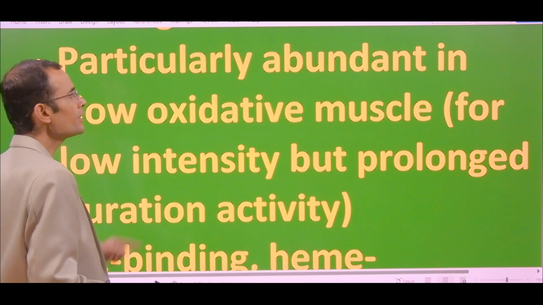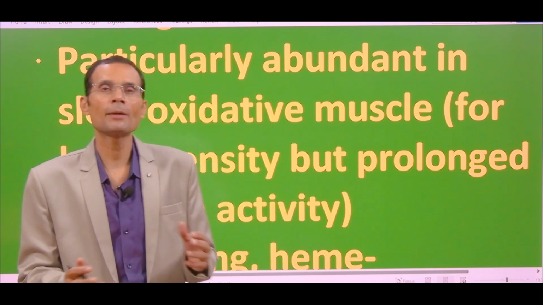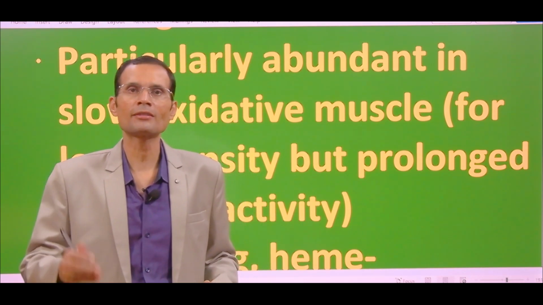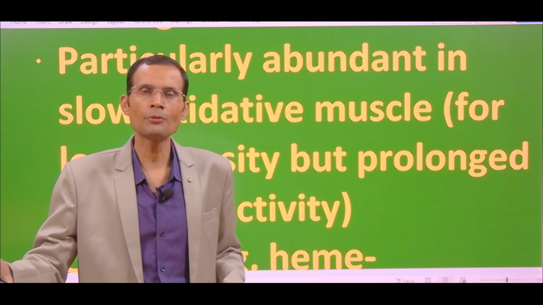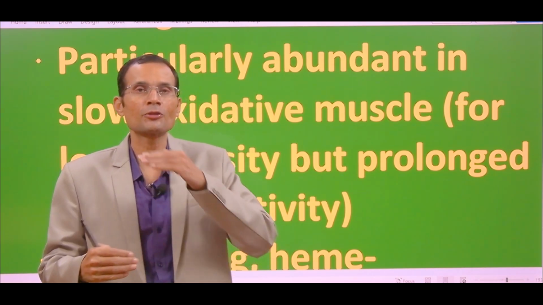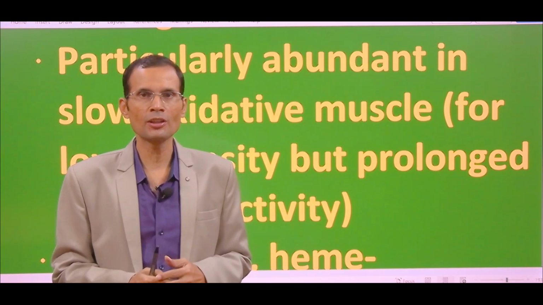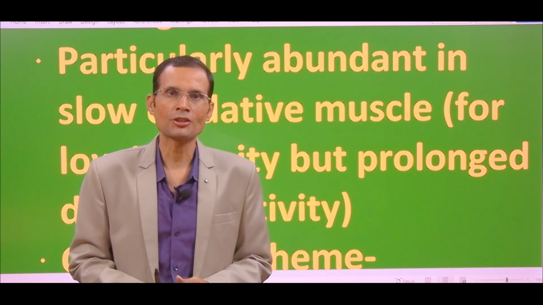It is particularly abundant in the slow oxidative muscle types. You know there are two types of muscles, the slow oxidative and fast glycolytic. When you want a quick burst of muscular activity, you will use fast glycolytic fibers. But when you want a slow and sustained type of muscular activity, these muscles are put into action.